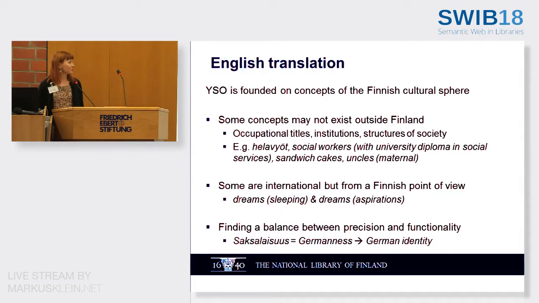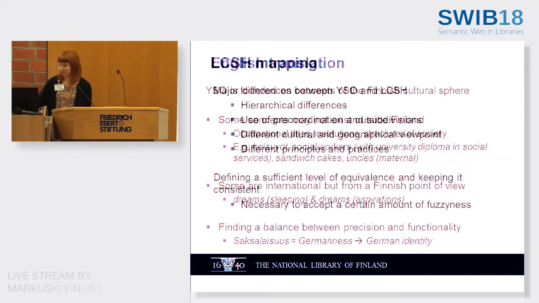So we decided to instead call it German identity, which is a good equivalent for most use cases, but not for all. So we lose some in precision, but we gain a lot in functionality. So these are the things you have to think about all the time.